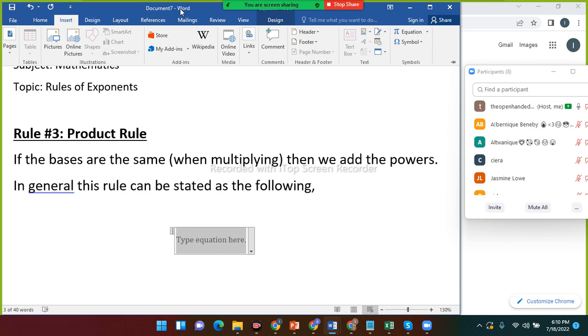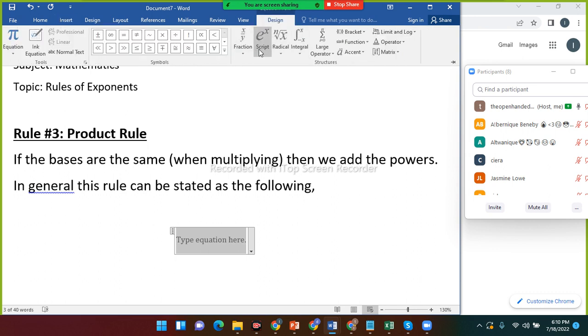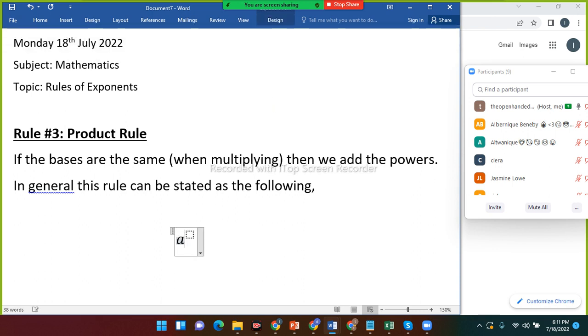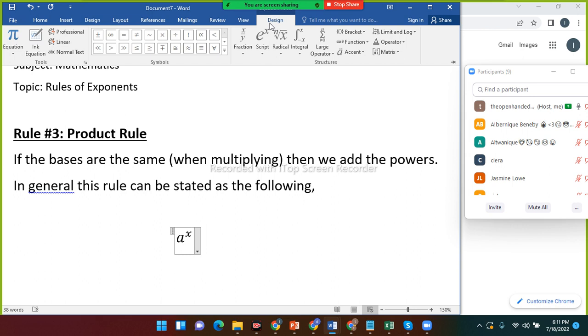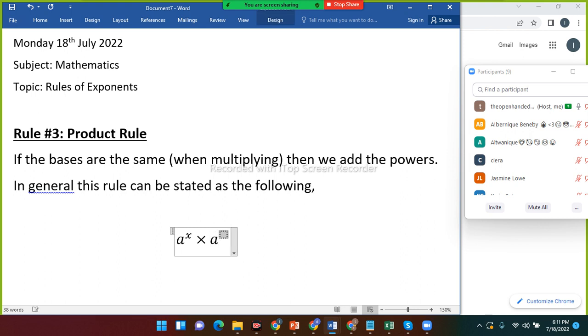So for example, let me put this in equation form. If we have something like a to the power of x, multiplied by a to the power of y, can anyone tell me what the answer would be?